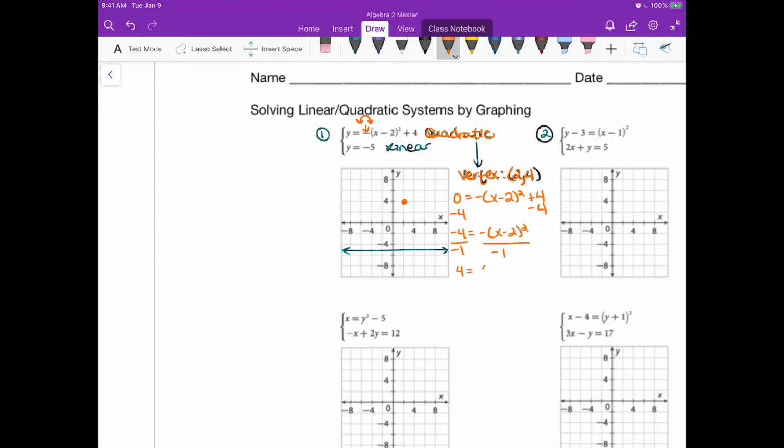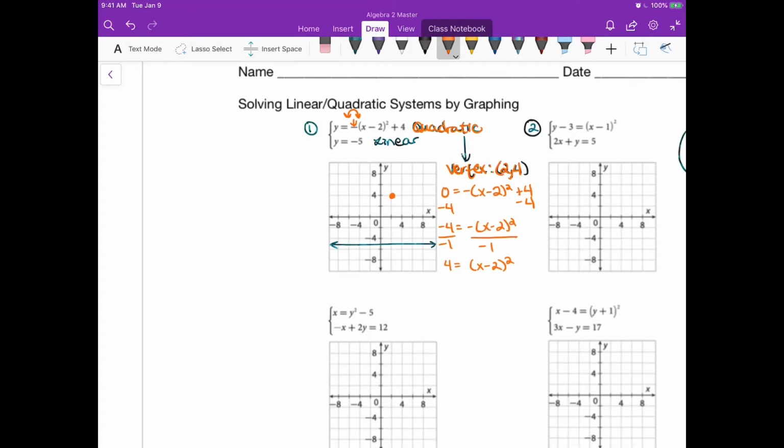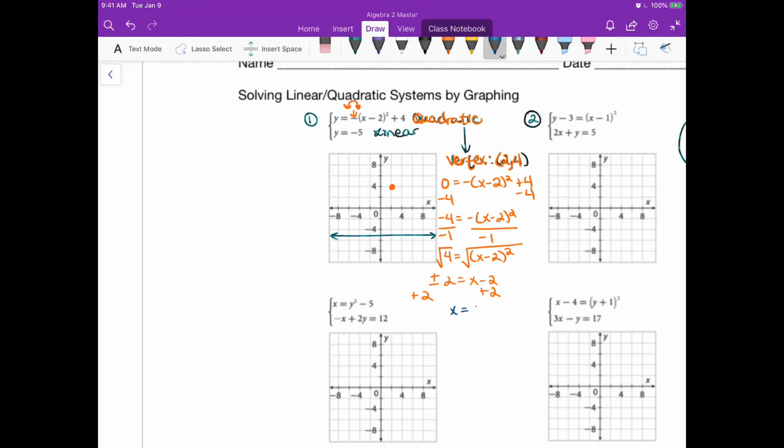So 4 equals (x minus 2) squared. And then if I take the square root of both sides, positive and negative 2 equal x minus 2. And to get x by itself, which will be the solutions, x equals 2 plus and minus 2, which means 2 plus 2 and 2 minus 2, which is 4 and 0. Those are our solutions.